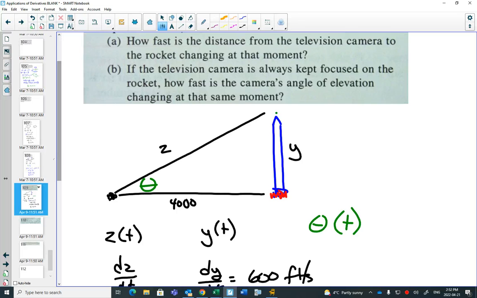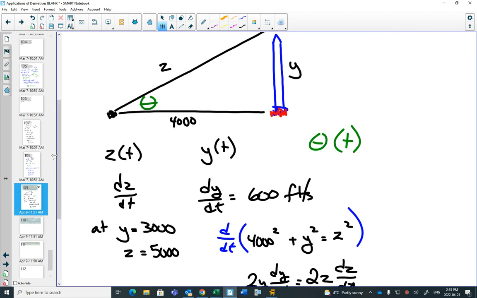So now we need to create an equation that involves theta. And what do we know? y is changing, and we know that x is 4,000 all the time. Could you create a relationship between theta, y, and anything else in this? Yes. We could just say that tan of theta is equal to y over 4,000.